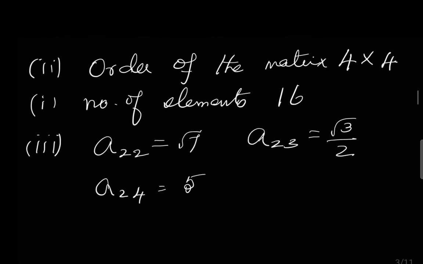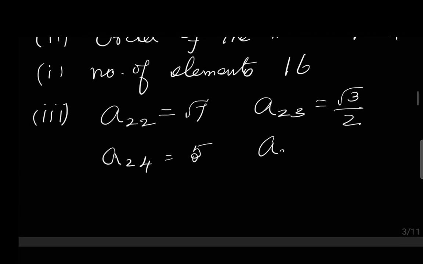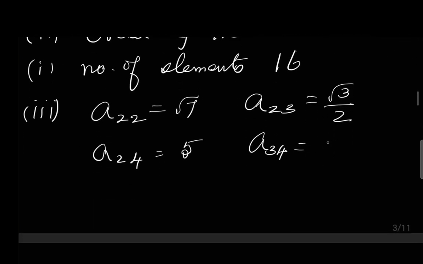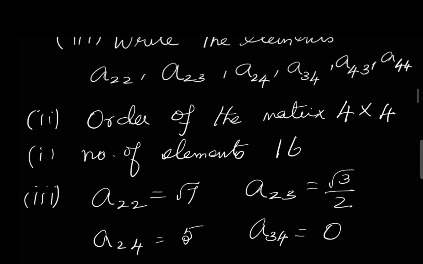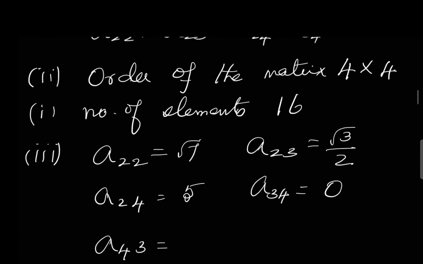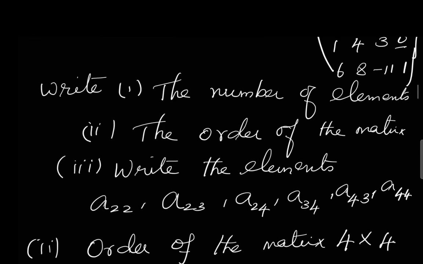Next is A34. It is in the third row and fourth column. So it is 0. Next is A43. Fourth row, third column.